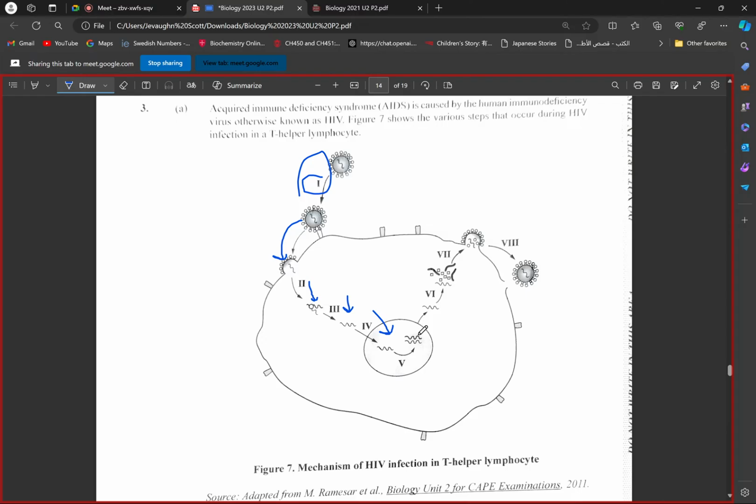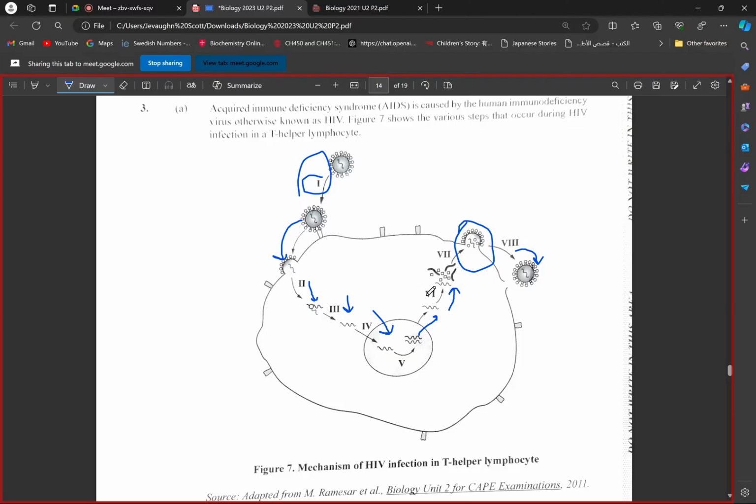We have the creation of new RNA, and then using all the different parts of the cell to construct a new virus that goes through exocytosis, and there it is, a new virus. So I used the cell itself to create another one of me. So that's the replication of the retrovirus within the T cell.